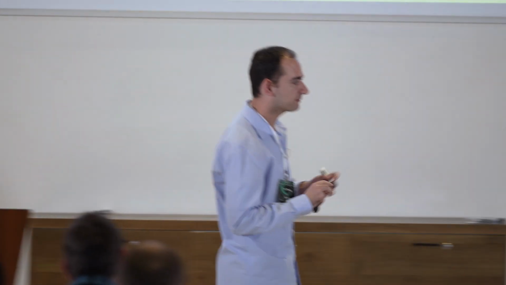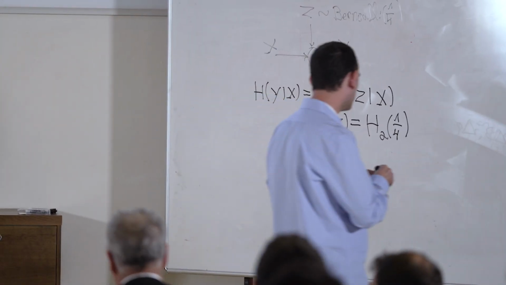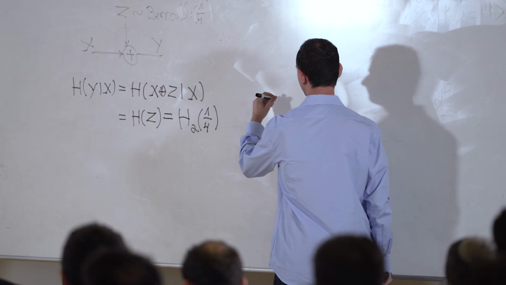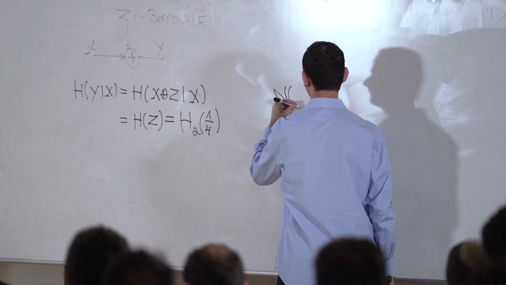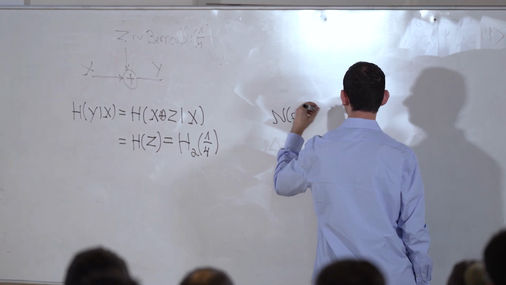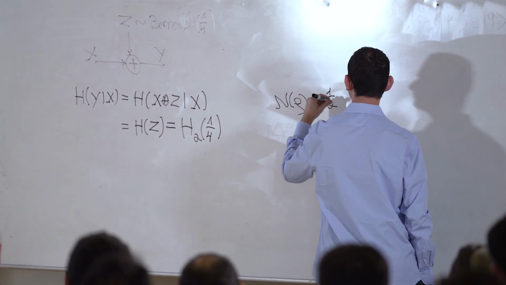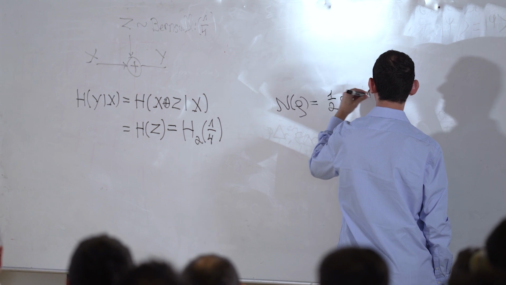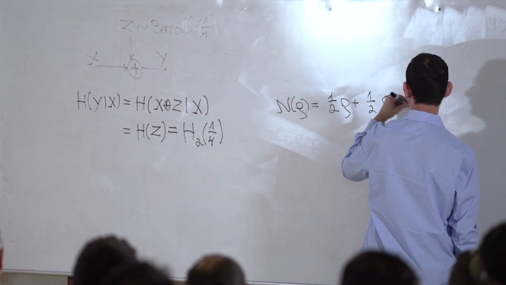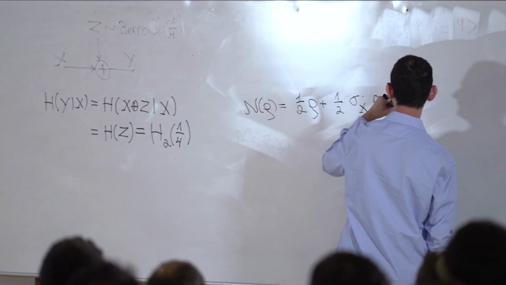So maybe I'll give a pretty trivial example, just a second. Sorry. Okay, I'll give a simple example. N of rho is equal to half rho plus half sigma x rho sigma x.